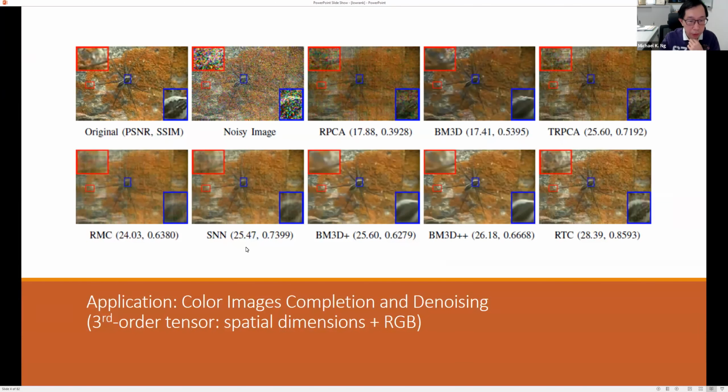Another very simple third-order tensor is color images, because for color images you have spatial dimensions and then RGB, red, green, and blue channels. So that is a very simple third-order tensor. You want to do image processing, in particular color image processing.